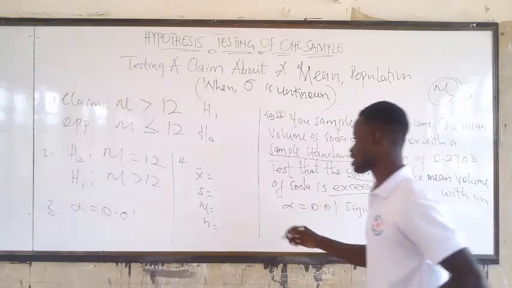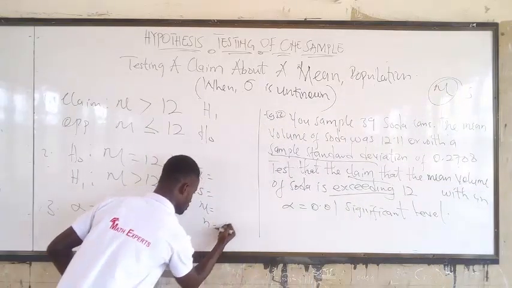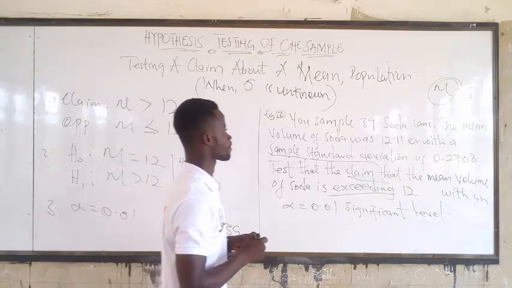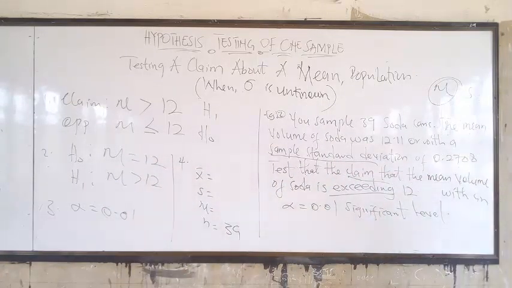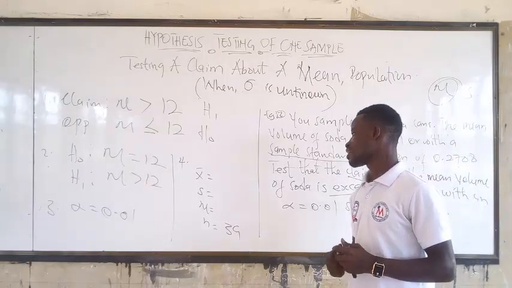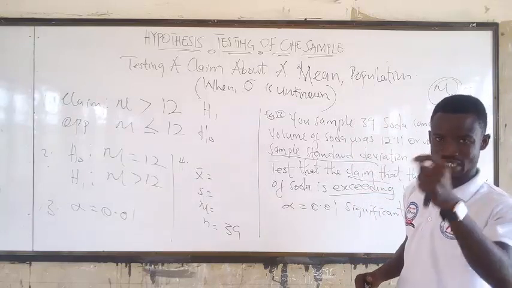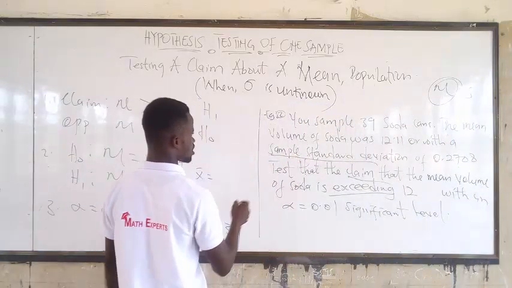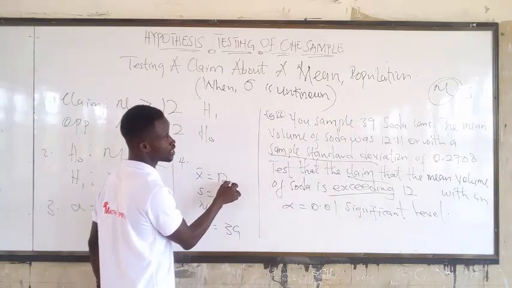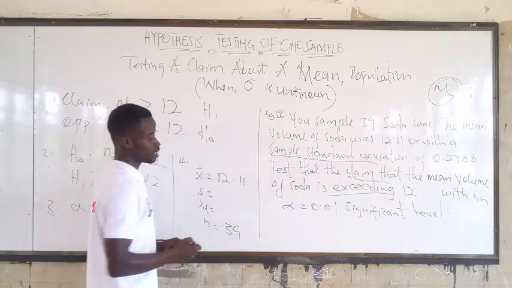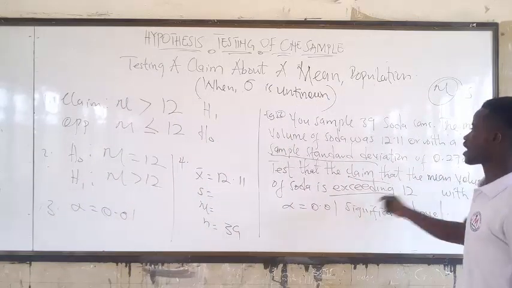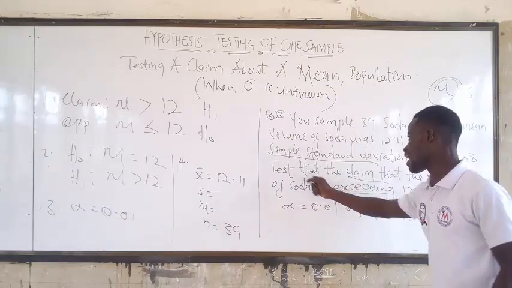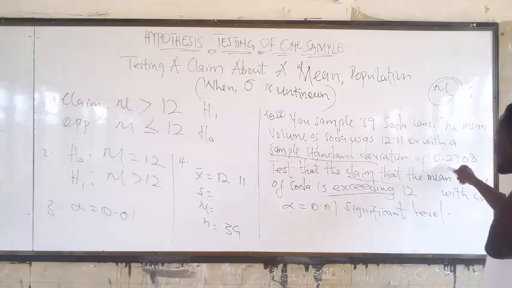That means the sample size is 39. The mean volume of soda, I have told you already, this mean here is where your point estimate is. So that's the point estimate for the mean, 12.11. Don't confuse yourself.